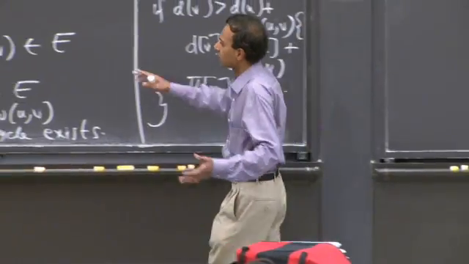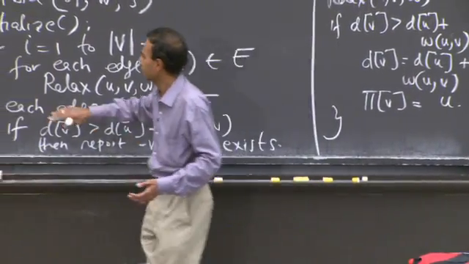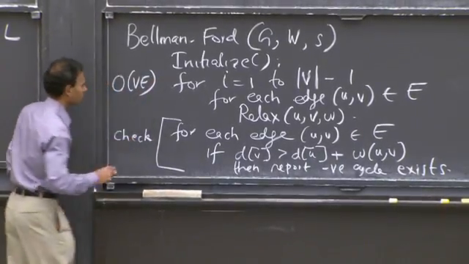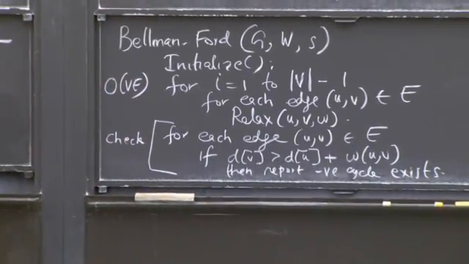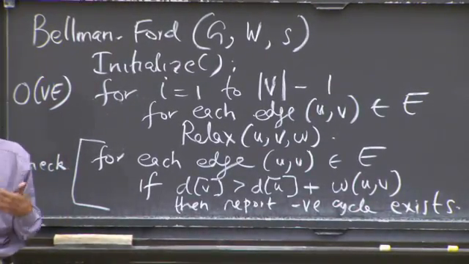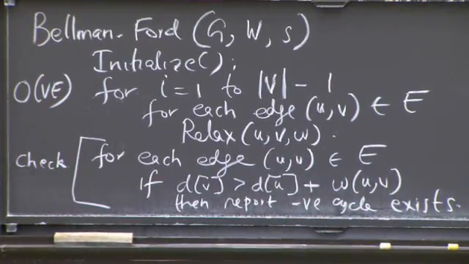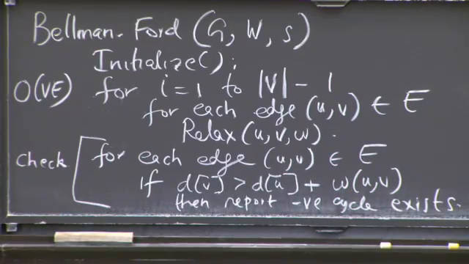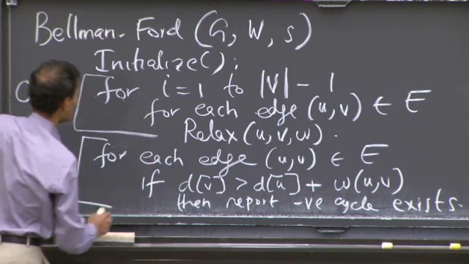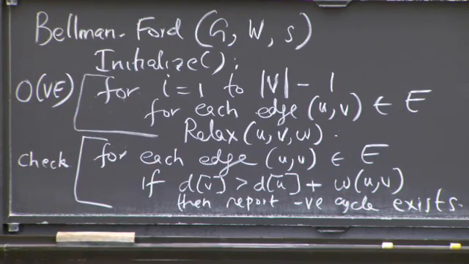So this part here is V times E, and it doesn't really matter if you use an array structure or adjacency lists. It's not like Dijkstra, where we had this neat requirement for a priority queue, and there are different ways of implementing the priority queue. This part is order VE, and that gives you the overall complexity.